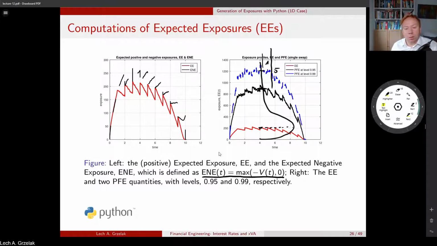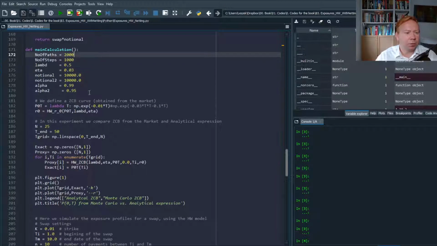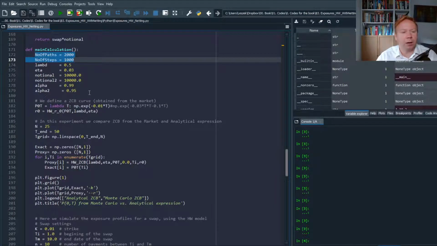Let's see what kind of settings we can play with, what is the impact of different netting sets, and how we can choose those such that we can see the impact on the expected exposures, also exposures, and potential future exposures. So in the experiment, we start, of course, with a specification regarding the Monte Carlo simulation, like number of Monte Carlo paths, number of Monte Carlo steps, some parameters for the Hull-White model.